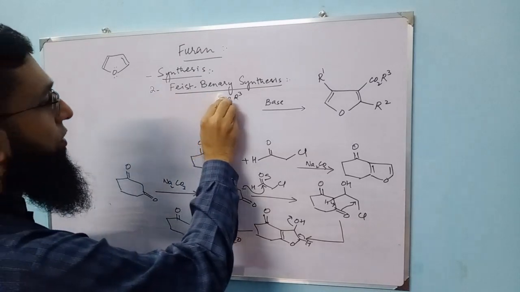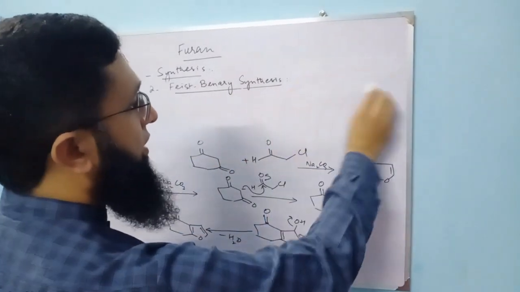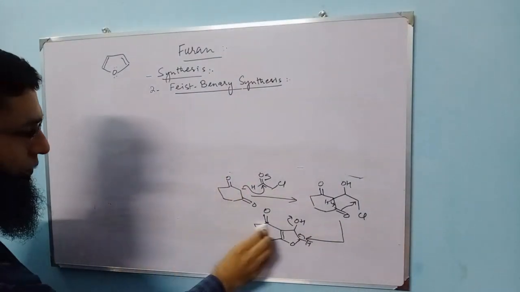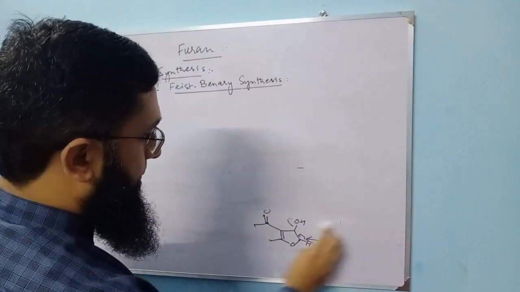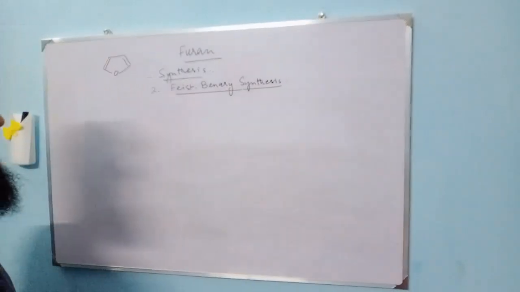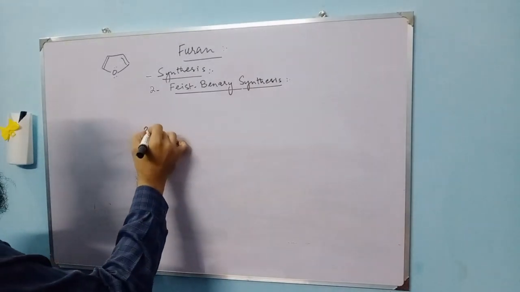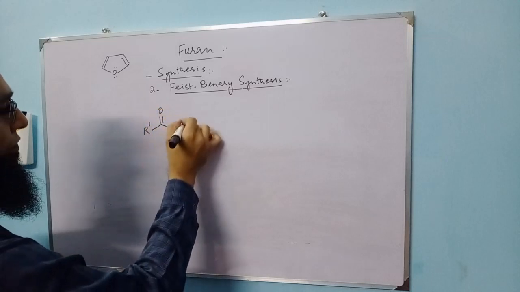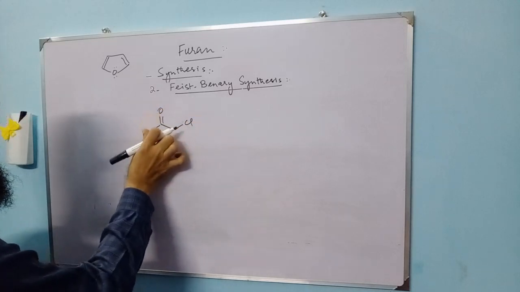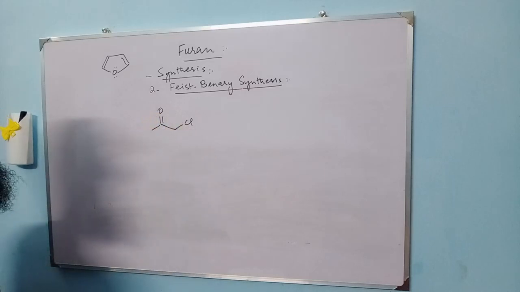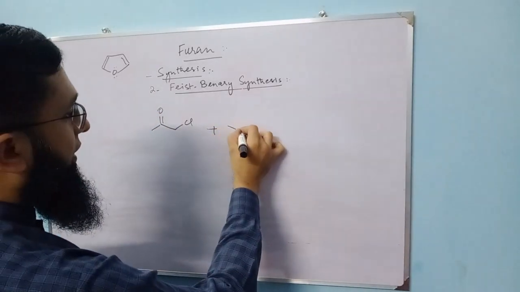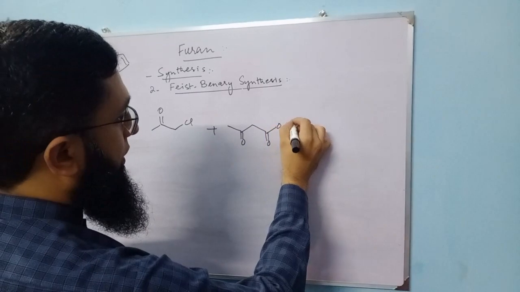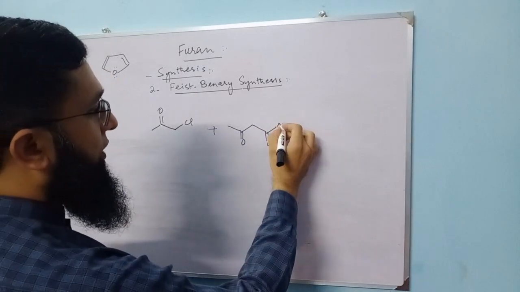Now this reaction is also affected by reaction conditions. We now see how it is affected. For example, we have this ketone, or we see chloroacetone. We have chloroacetone and we react it with methyl acetoacetate, or for example ethyl acetoacetate.